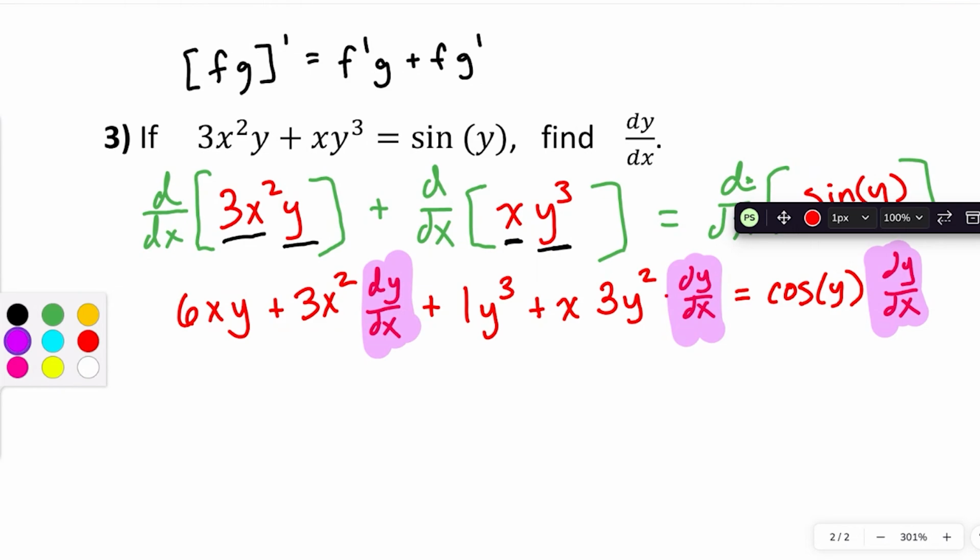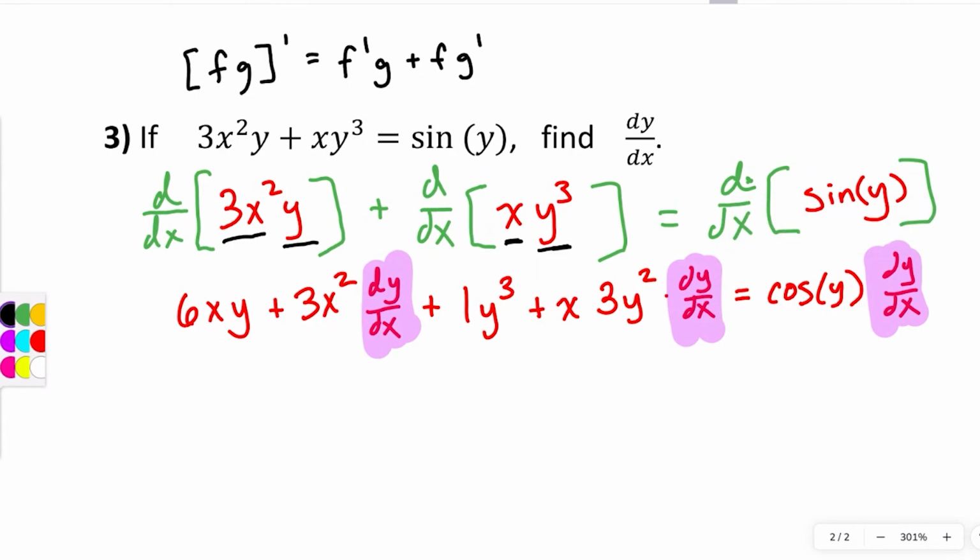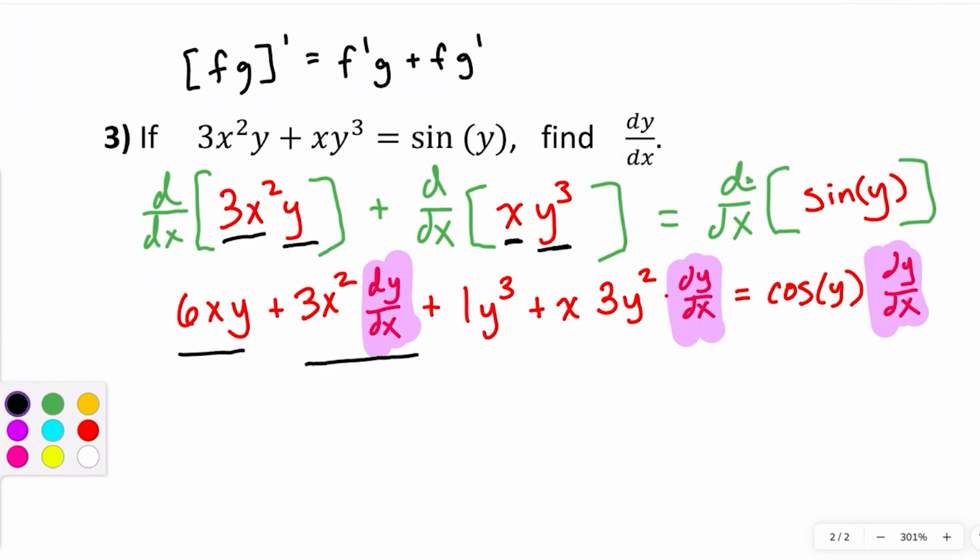You're going to do these same two steps on all of these problems. The first step is to move all of the terms that have the dy dx to one side, and all of the terms that don't to the other side. Let me underline all the terms here. 6xy is a term. 3x squared dy dx is a term.